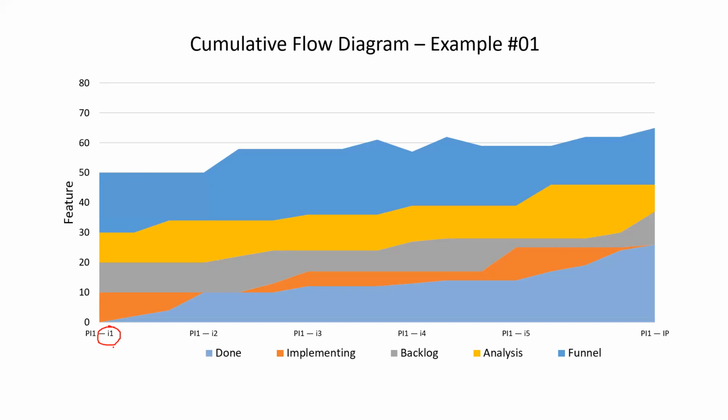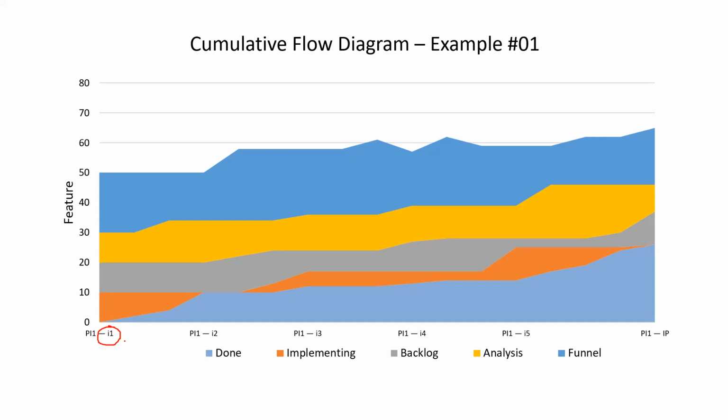So at the point of I1, how are the stages looking? Just look at this I1 phase or stage or timestamp. How is the graph or the flow diagram?